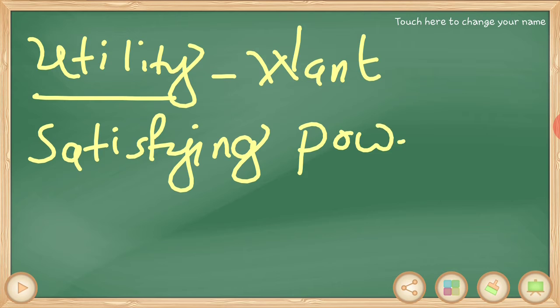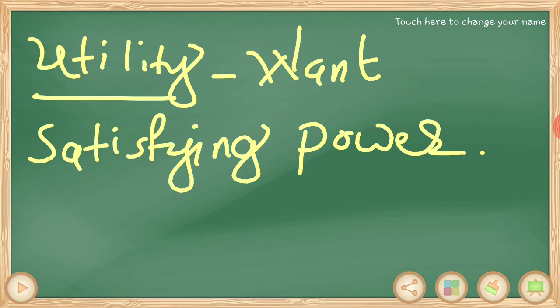This utility was first developed by Jevons, Walras and Menger, and later popularized by Alfred Marshall and Pigou. Utility is nothing but the want satisfying power of a commodity, and the term utility possesses some very interesting characteristics.